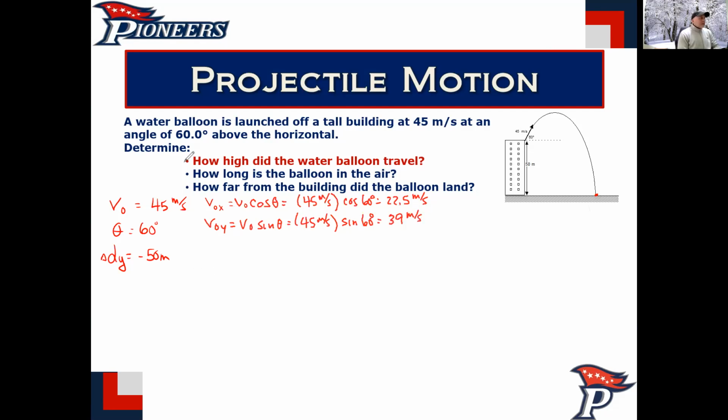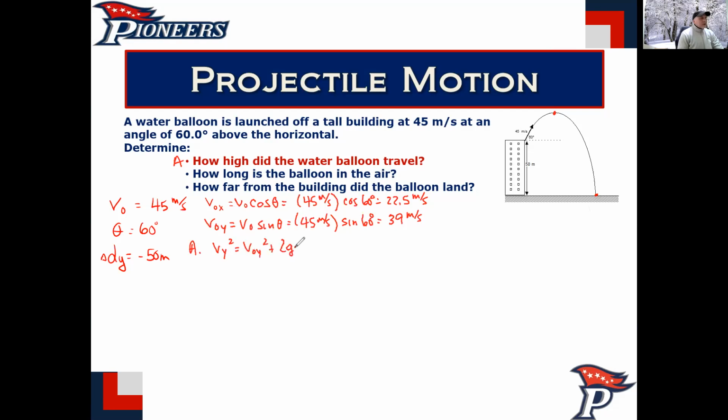All right, so how high does it go? Part A. So I want to know here. Now, ideally, I didn't write this question, it came from a textbook because I knew that diagram. Ideally, they would say how high above the starting point or the ground, so we actually have a reference point from which to answer that. But since we don't know time, this is where I would just use this equation.